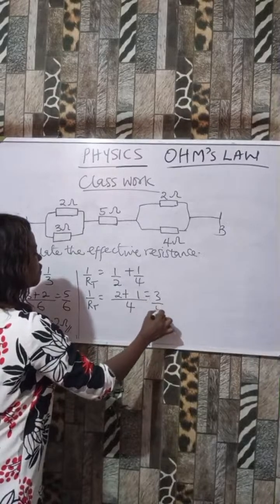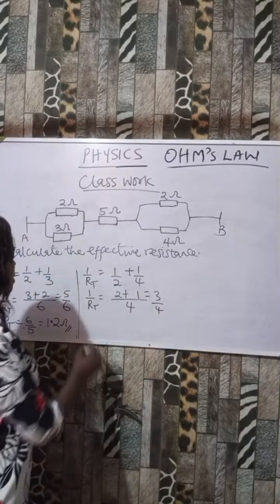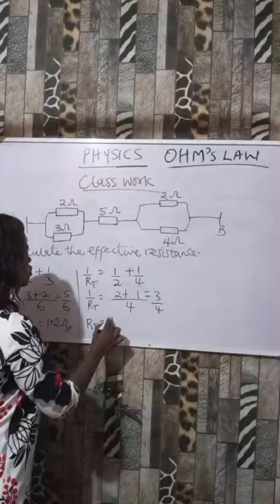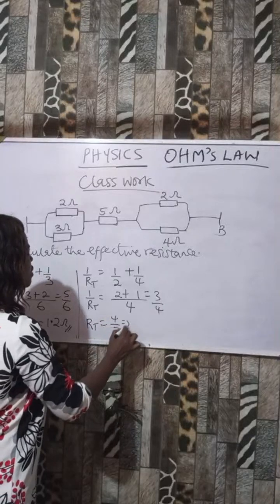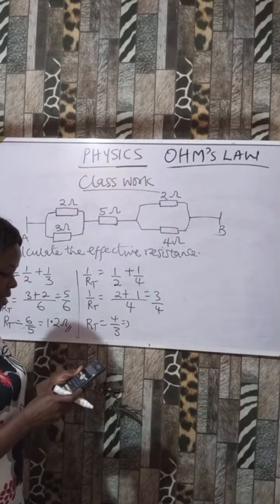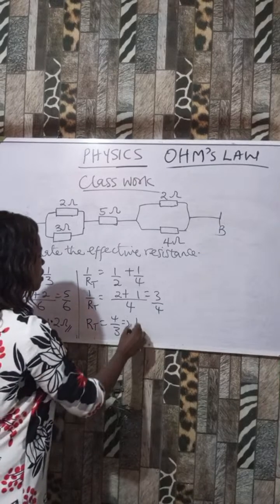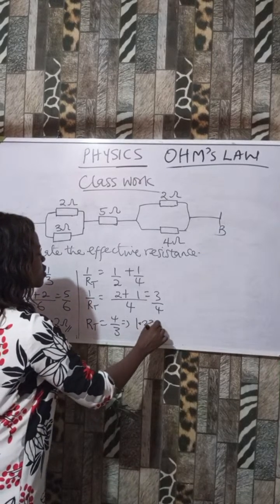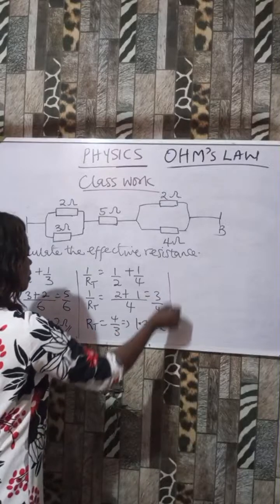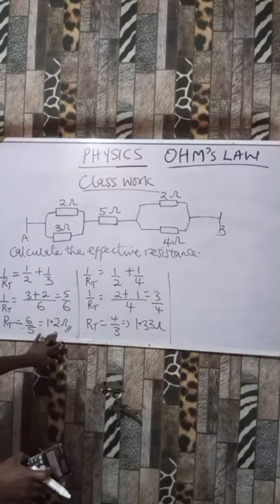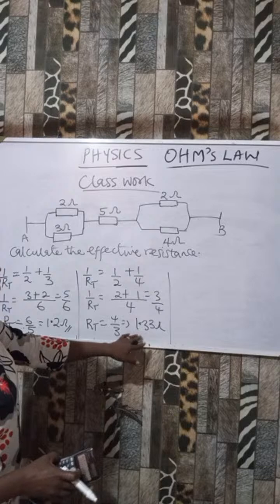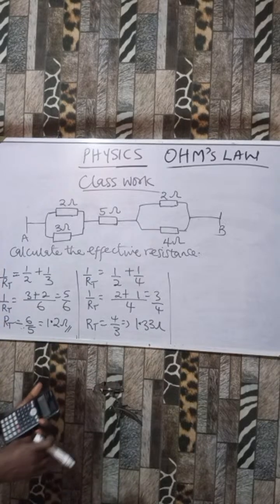So this is 3 over 4, right? Now my R total is going to be 4 over 3, which when we divide it gives 1.33 ohms, right? Now, we have gotten this to be 1.33. So let's bring them together.